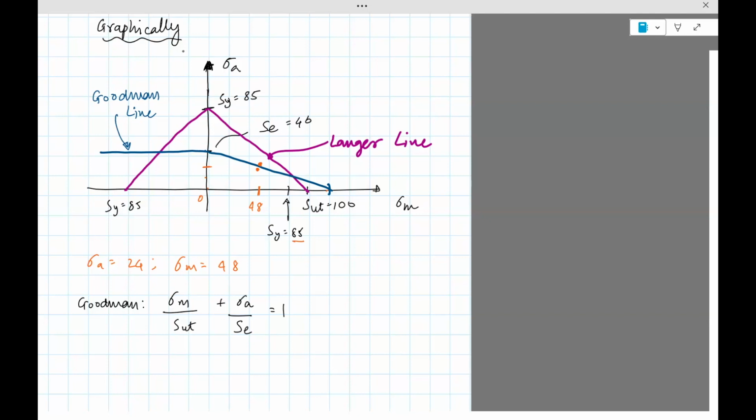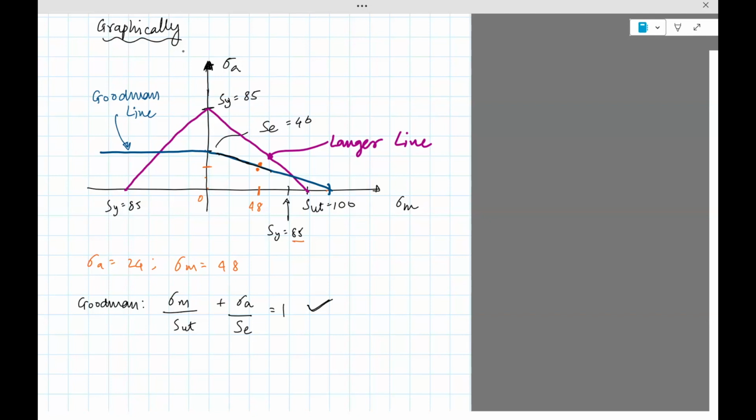Okay, so there's actually a very easy test to figure out which side it would lie in. Anything on this line, on the blue line, will satisfy this equation, right? Clearly, if you put any point on this line, this formula will be true.